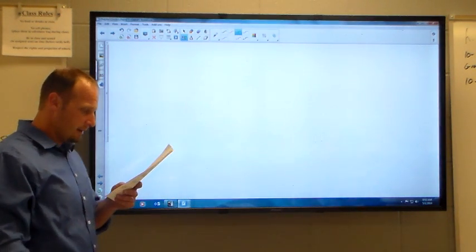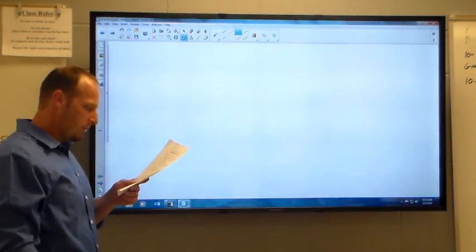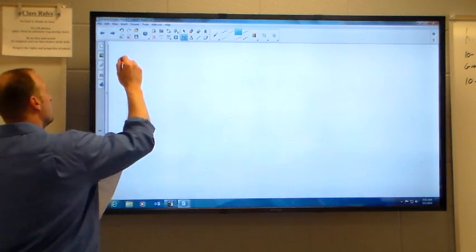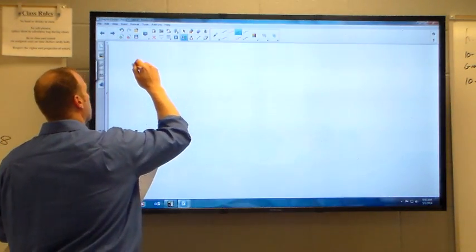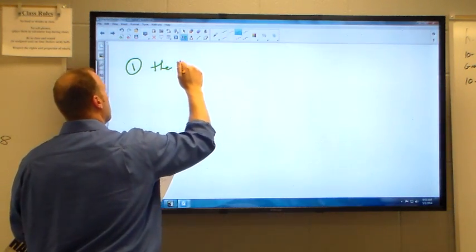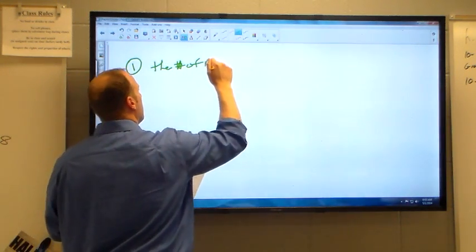if you look at what it says in problem number 1 above, calculate the number of moles. So here's what we're going to do. So we have in the one above, calculate the number of moles.